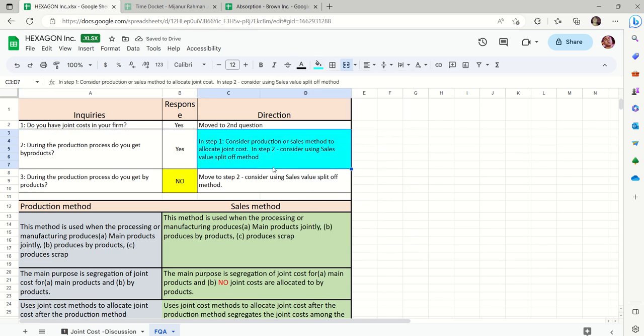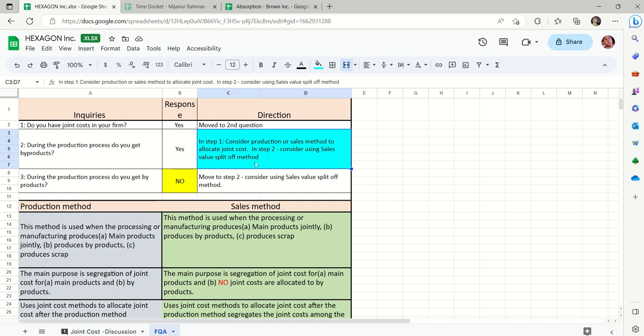Step 1, we need to allocate the joint cost to the byproduct and main products by using the sales method or production method. In step 2, once the costs are allocated to the main products and byproducts, then we use the sales value split off method to further allocate costs.